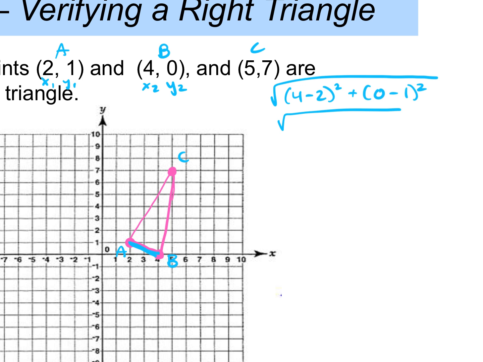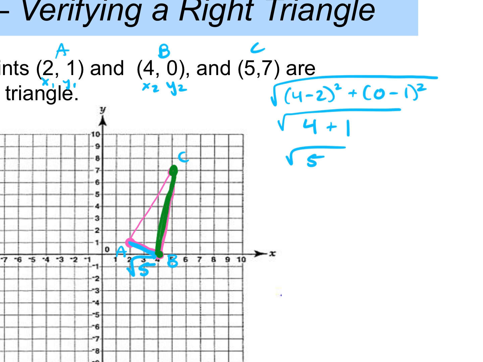So 4 minus 2 would be 2. 2 squared is 4. 0 minus 1 is -1, and -1 squared is 1, sorry. And then 4 plus 1 would be 5. So here, our length is the square root of 5. Everybody good with that? Let's do the same thing, but we're going to find the length of CB. So we're going to find this length here, this side.